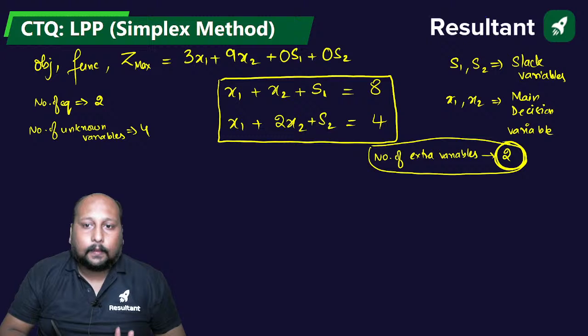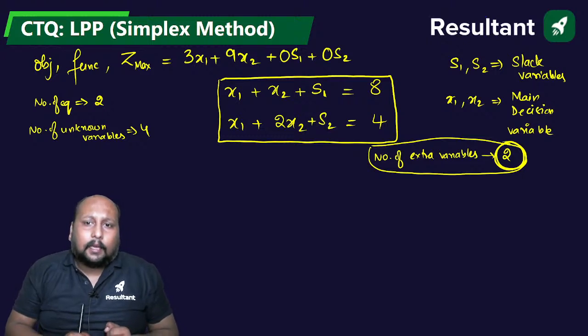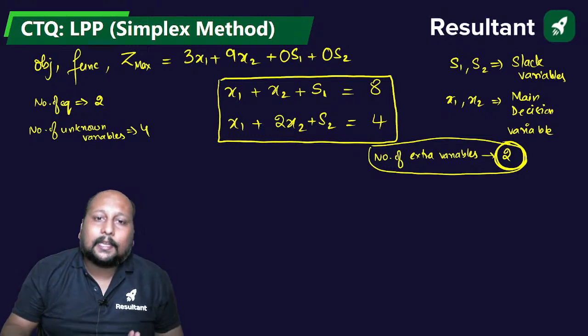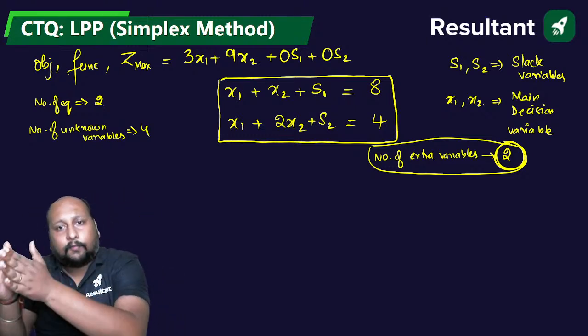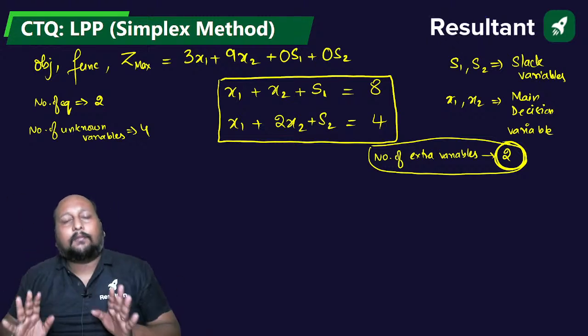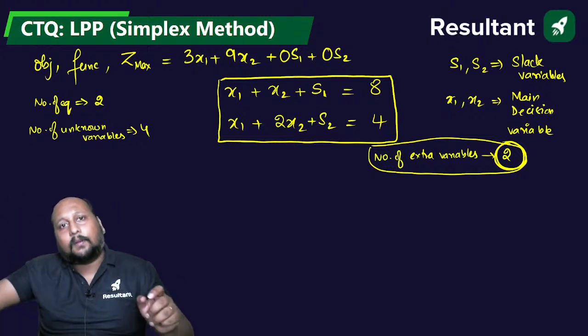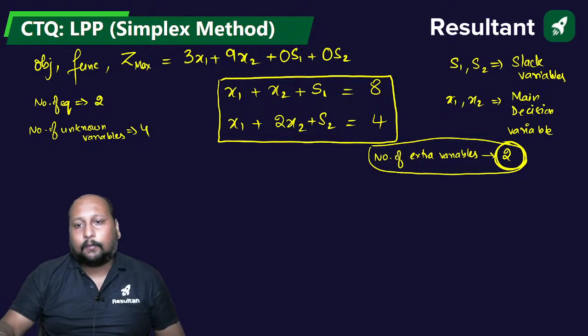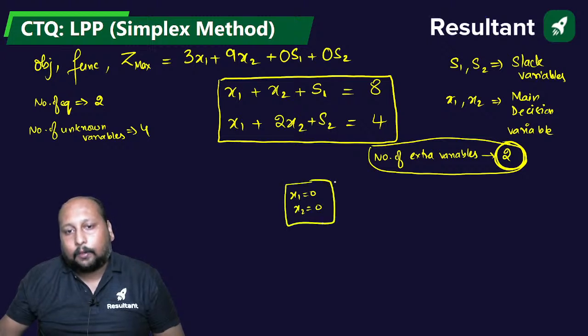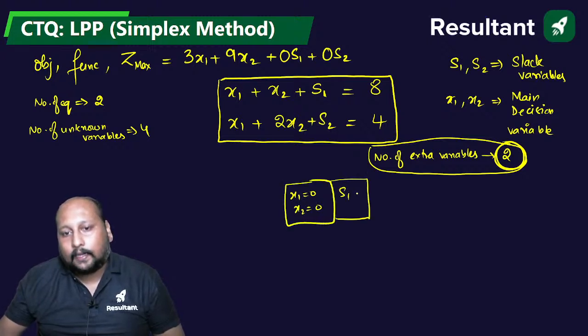Clear? So can you tell me how many types of solutions are possible by assuming two variables to be 0 and calculating the others, then the next two to be 0 and calculating the others? How many possible ways are there? Suppose I take x1 equal to 0 and x2 equal to 0, I can calculate s1 and s2.